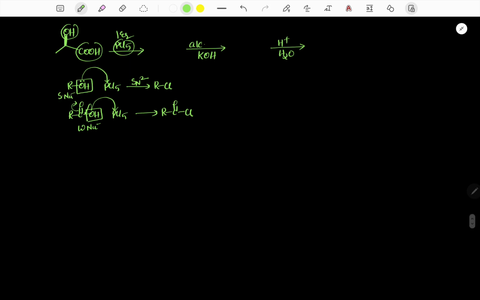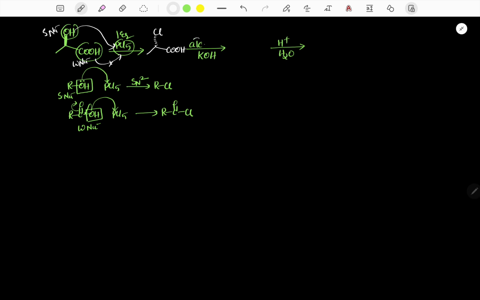Therefore, in this case, the alcohol part reacts, the acid part does not react. That's why here the acid part remains as acid and the alcohol part undergoes SN2 type of reaction, and the corresponding alkyl chloride is formed.